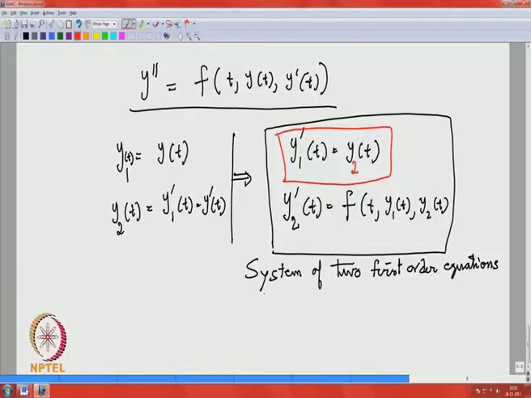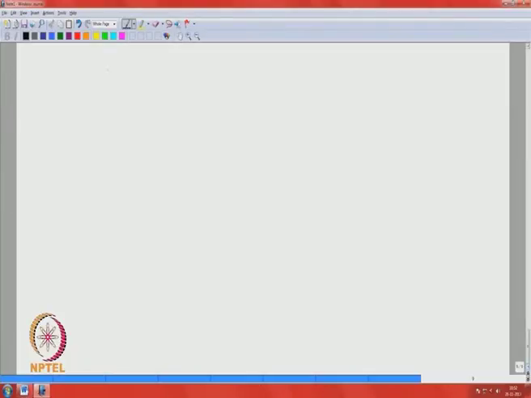So, for it to be a nice problem, you need an initial condition for y1 at t naught, and you need an initial condition for y2 also. So an initial value problem for a second order equation looks like this.